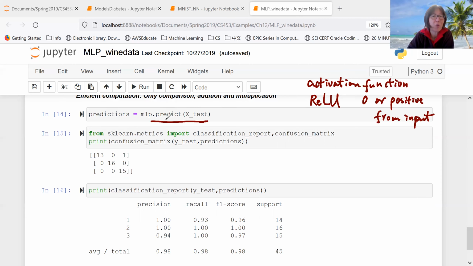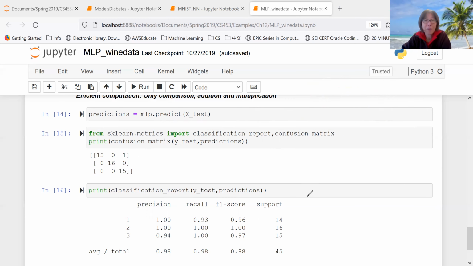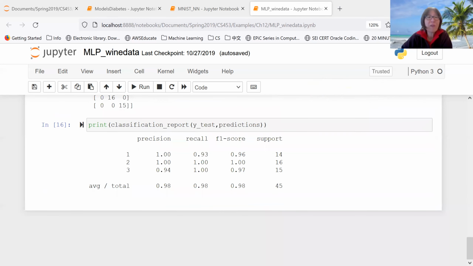Then we can collect the performance measures, like a classification report and a confusion matrix. So basically for this one, it's quite straightforward, with that MLP classifier.